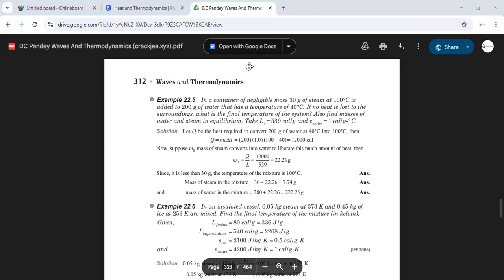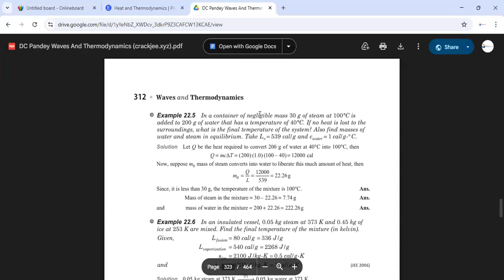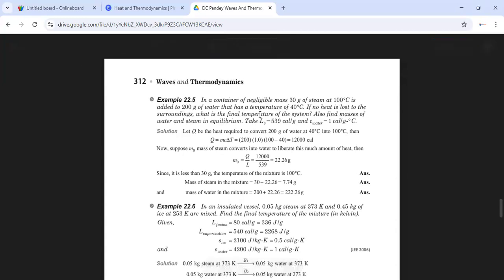Is this visible to all of you? Now I'll tell you, JEE means it's an IIT Advanced subjective question. So please go through it. Please try to solve this question.